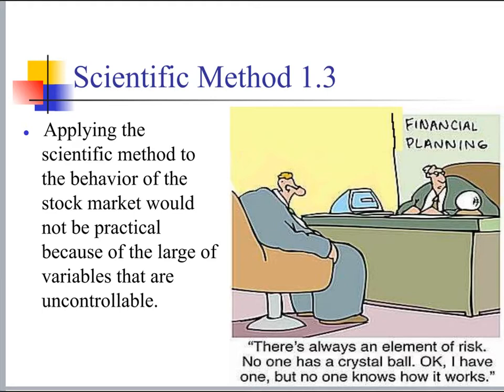Because of that, there are too many variables. They try to look at a plan, they try to guess what's going to happen, but you can't. So trying to control the uncontrollable, you don't worry about it. You can't.